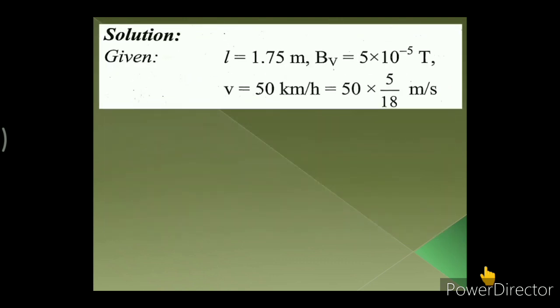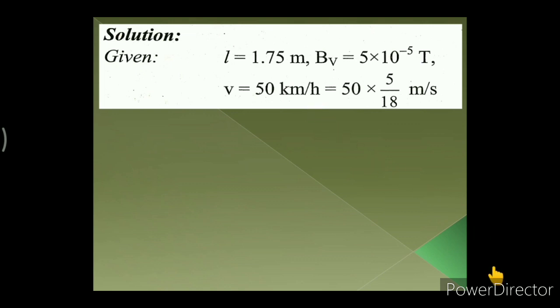As it is given, length L is 1.75 meter, BV is given as 5 into 10 raised to minus 5 Tesla, velocity is given as 50 km per hour. This kilometer per hour we have to convert into meter per second. As kilometer is 1000 meter and hour we have to multiply with 60 into 60, that is 3600.